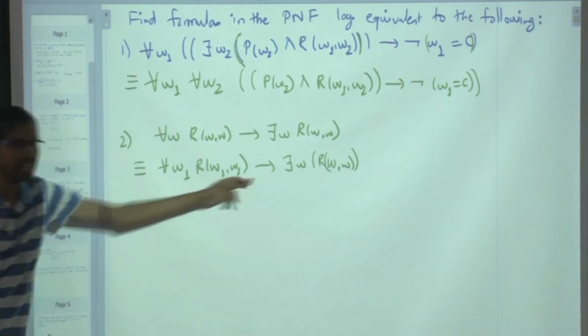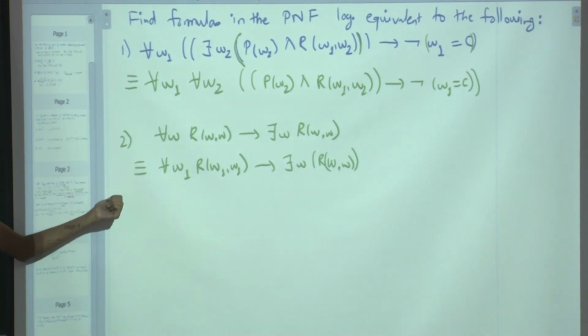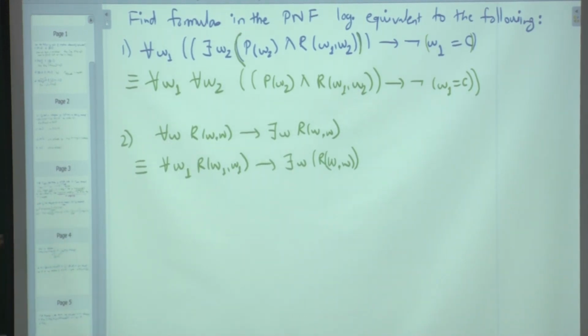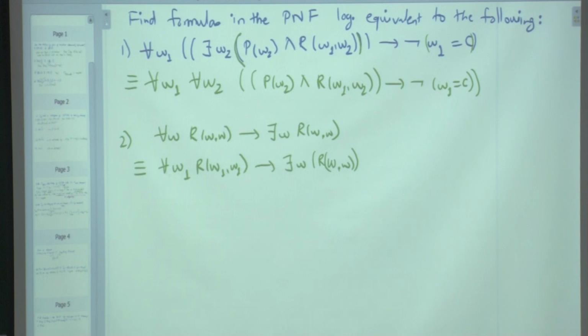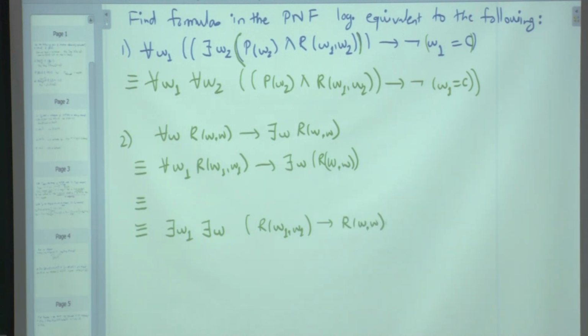How can you take it out? As it is, right? And this for all you will take it out as, okay, so with one more step in between, you will get that there exists W1, there exists W, such that R(W1, W2, W1, W1) implies R(W, W), and that's all.